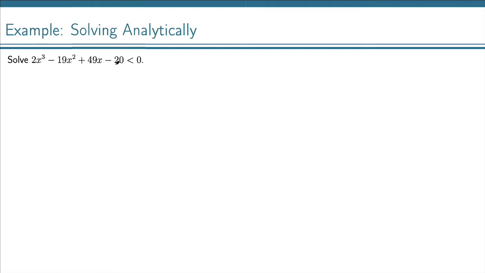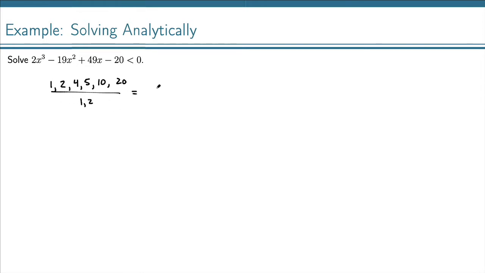So we're going to use our rational zeros theorem, which says that our zeros are going to be factors of 20 divided by factors of 2. So the factors of 20 are 1, 2, 4, 5, 10, and 20. And we divide by the factors of 2, which are 1 and 2.